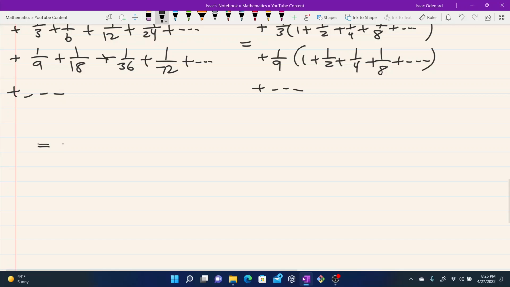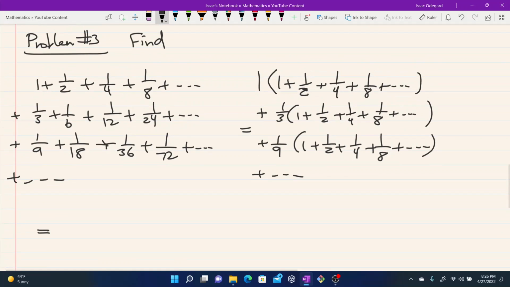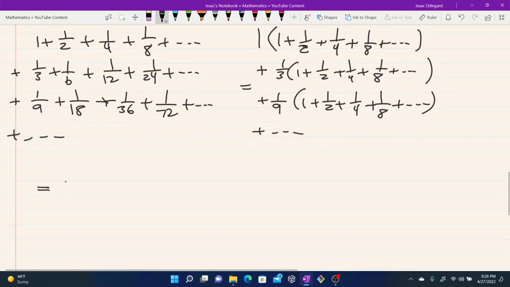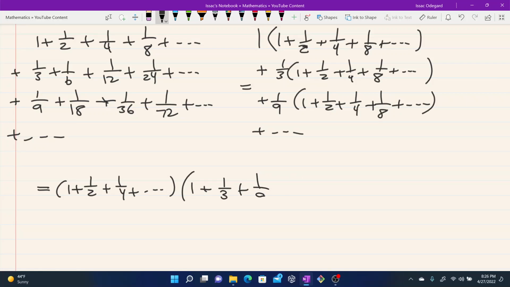Therefore, what we really have is you want to take this expression and factor out the first row from each term, which we obviously see as a geometric series. So this is going to be 1 plus half plus fourth and so on, times another geometric series, 1 plus third plus ninth plus 27th and so on.